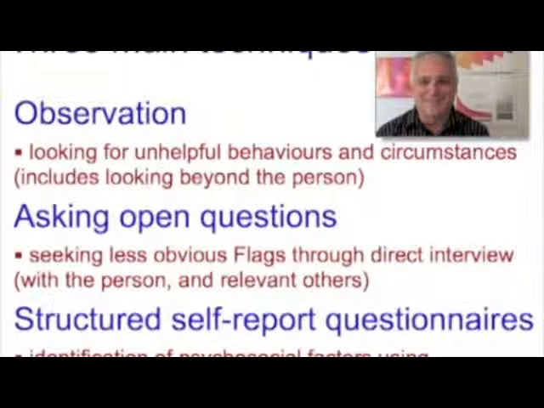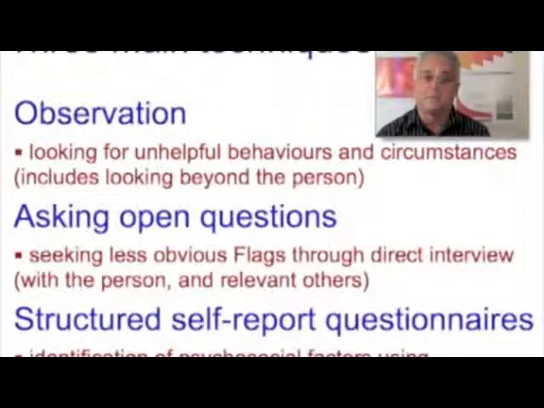There are 3 main techniques that you can use to identify flags and obstacles. The first is simple observation. Look for unhelpful behaviours, beliefs, circumstances. Remember, this includes looking beyond the person.